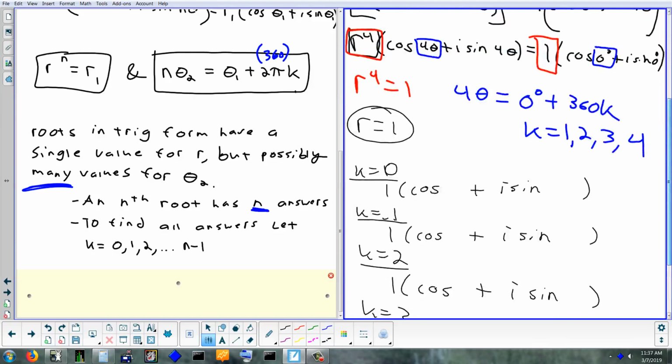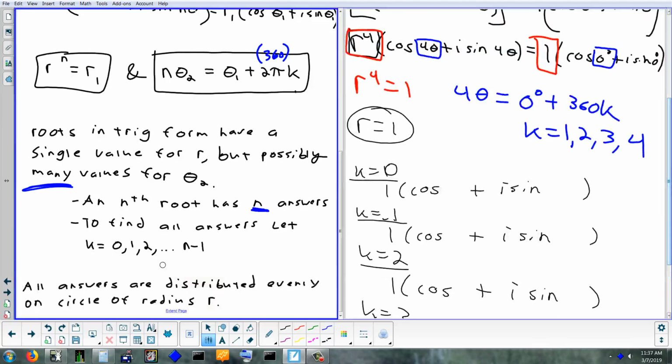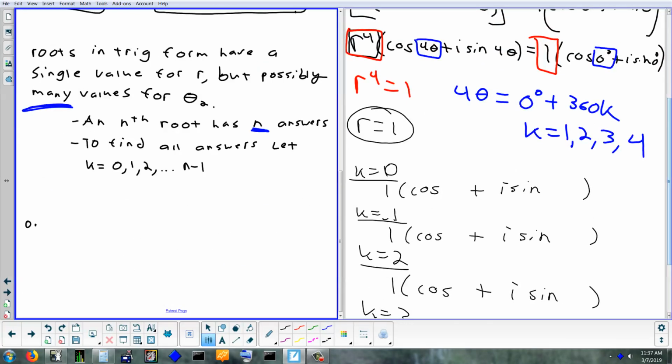Okay. So now let's look at our formula. We've got 4 theta equals 0 plus 360k. I want theta, not 4 theta. So how would I get theta by itself on the left?